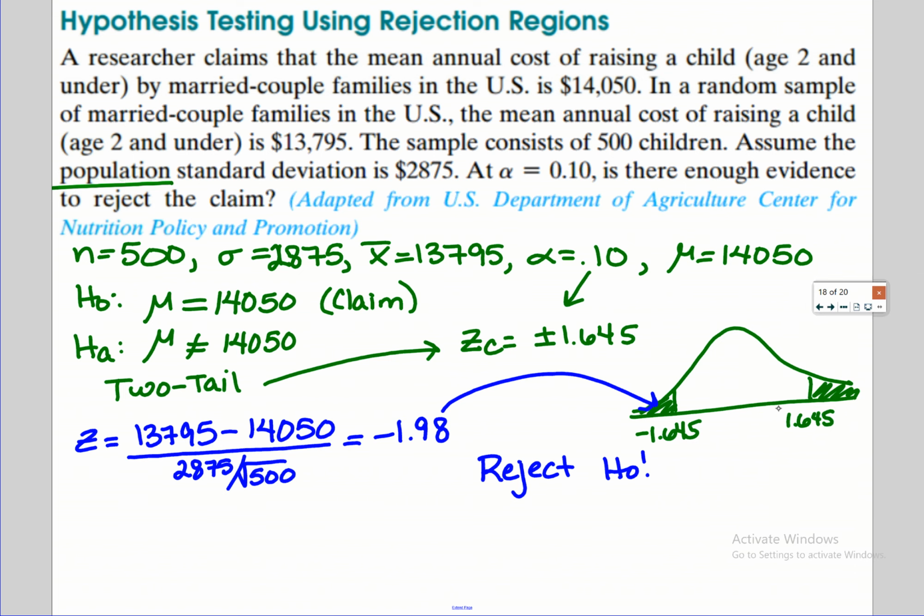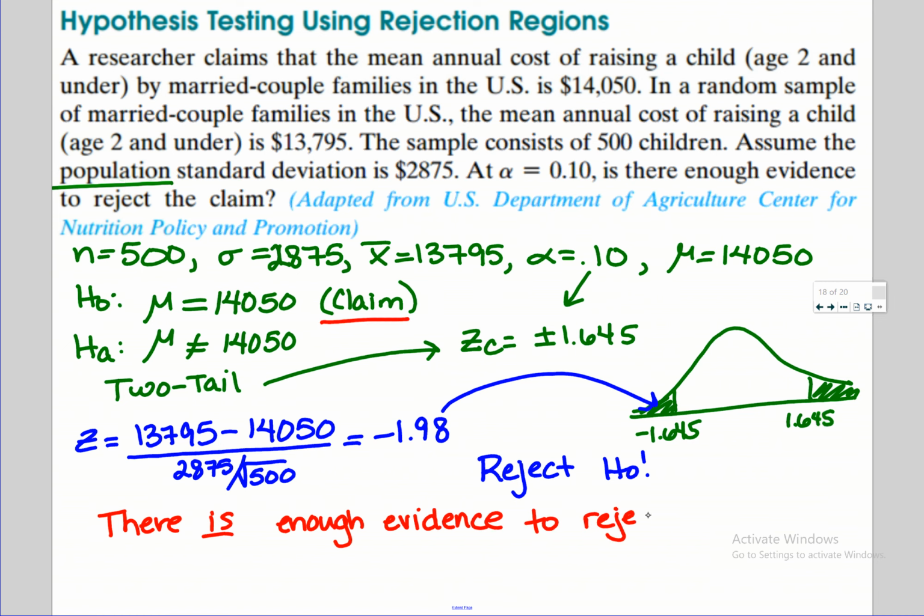If we reject, is there or is there not enough evidence? There is enough evidence, and because the claim is the null, we say to reject the researcher's claim.